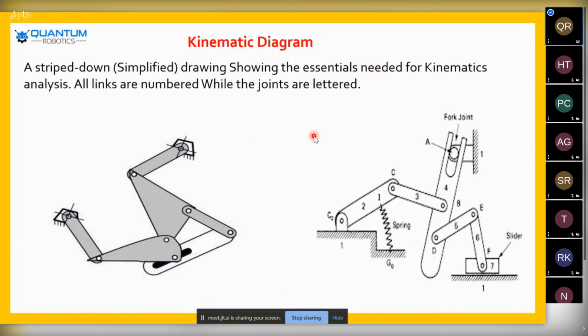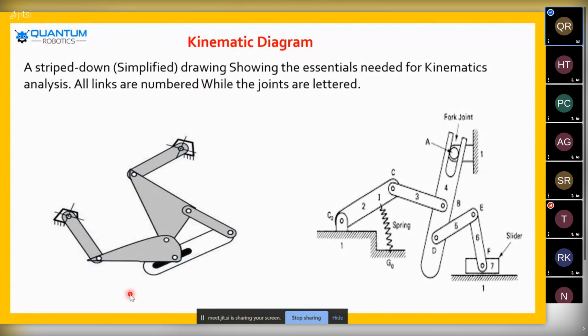Now we can see a stripped-down drawing showing the essential needs for kinematic analysis. All links are numbered while the joints are lettered.